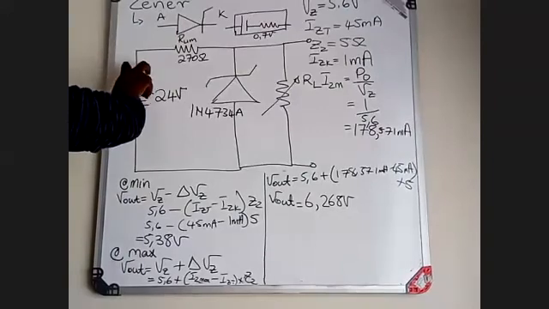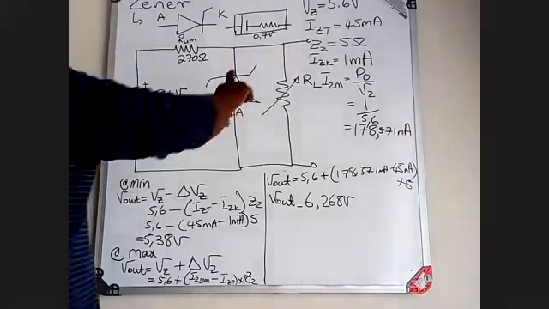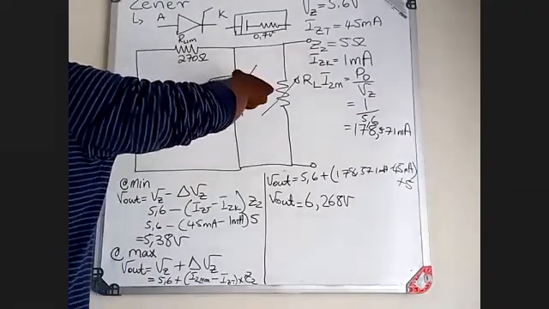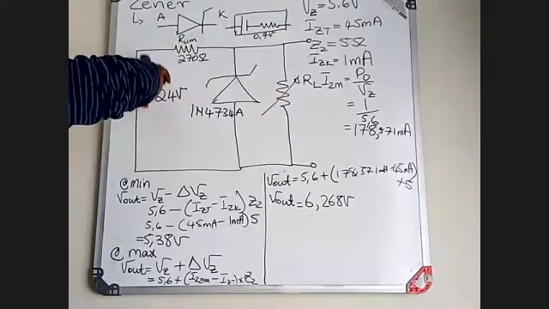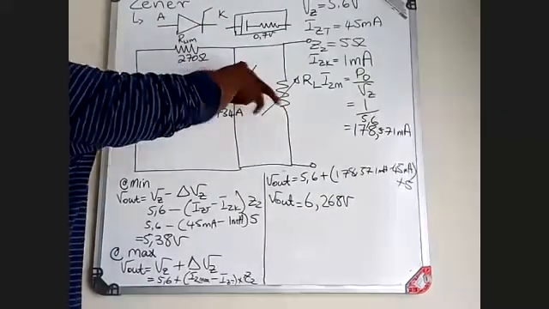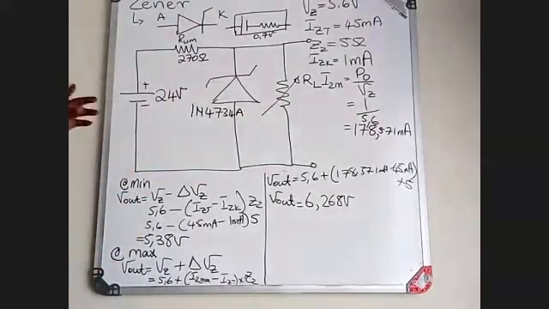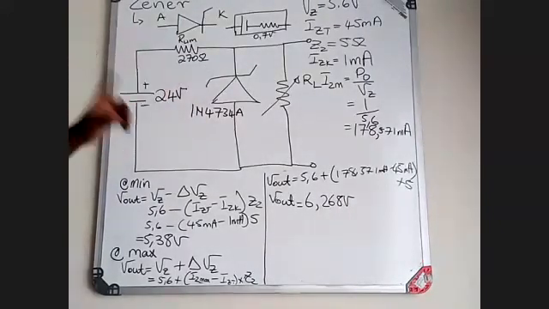Don't confuse the two. There's a maximum current of the Zener diode, and there's a maximum current that this supply can give out, because you've got this component and that component there.